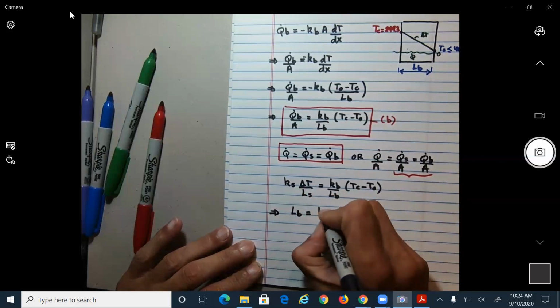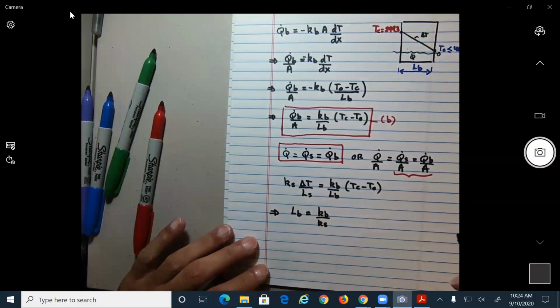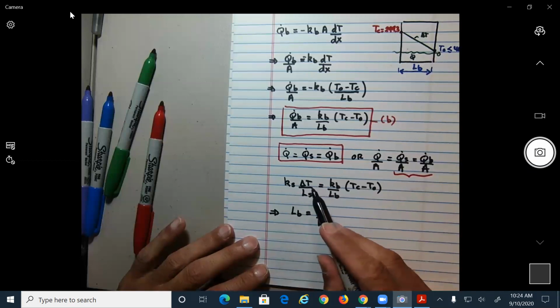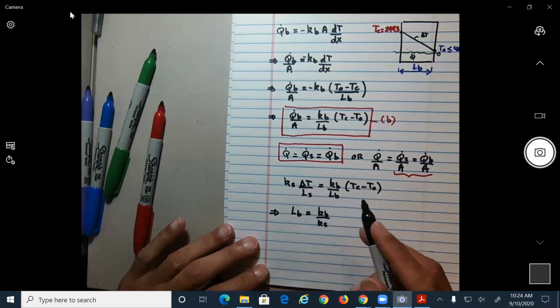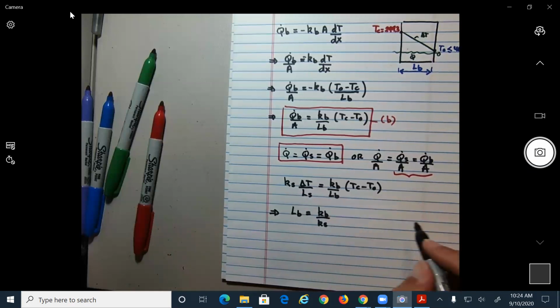K brick over K steel, then we'll have here, can put it at the end. Okay, so I move that one.